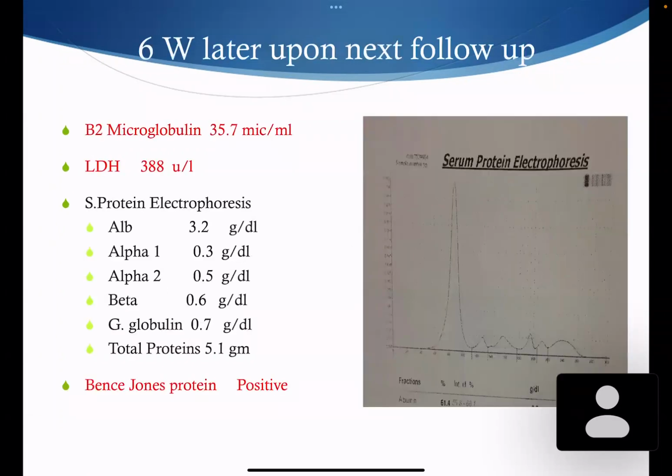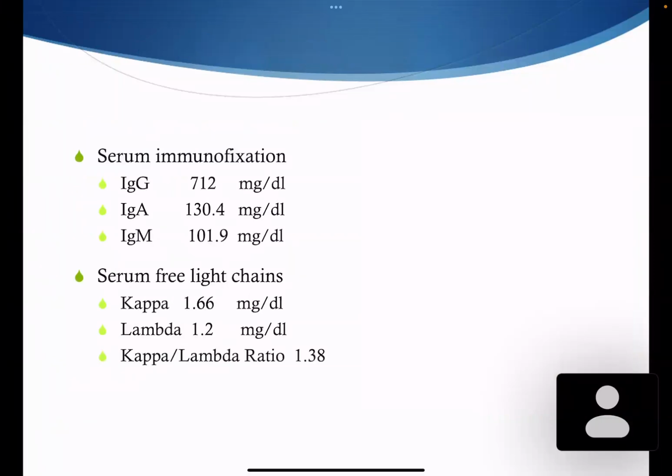But 6 weeks later, the patient's beta-2 microglobulin rose very high, and the Bence Jones protein turned positive, although the serum protein electrophoresis still was not showing any monoclonal band.